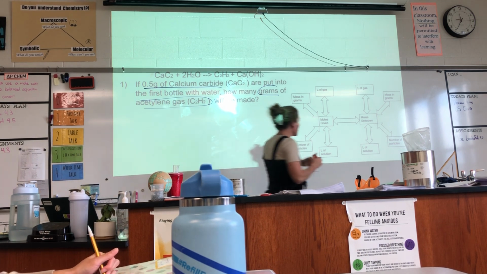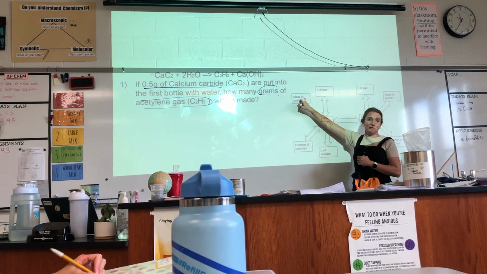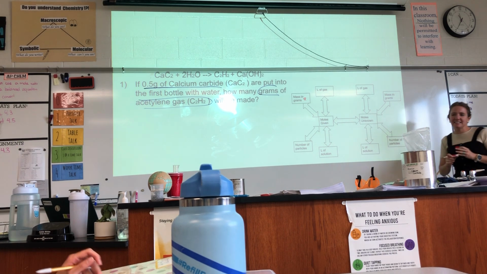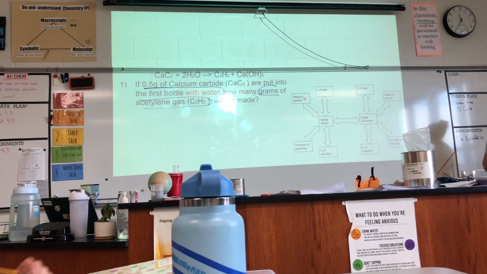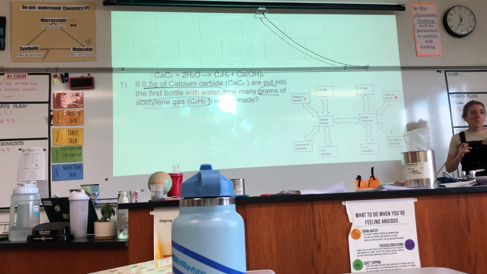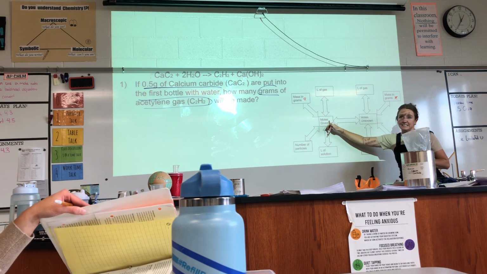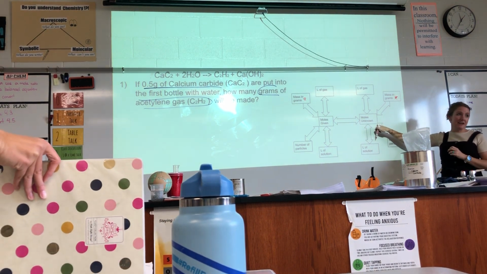On our problem, it gave us a gram value. So this is my starting location. What's my ending location I'm trying to get to? Grams of something else. When you use the map, you always go from the left, because you're given something, to the unknown.